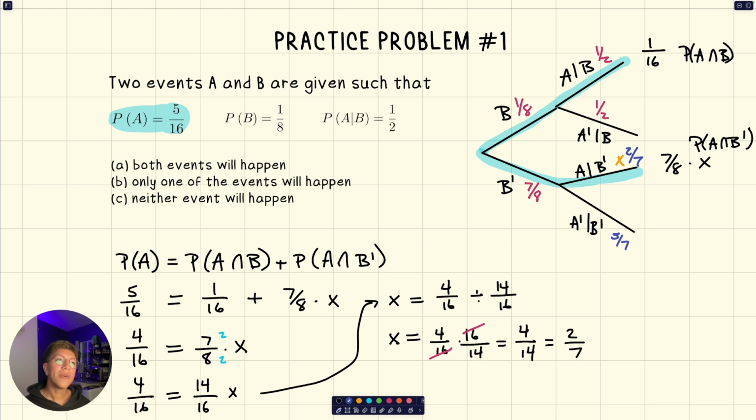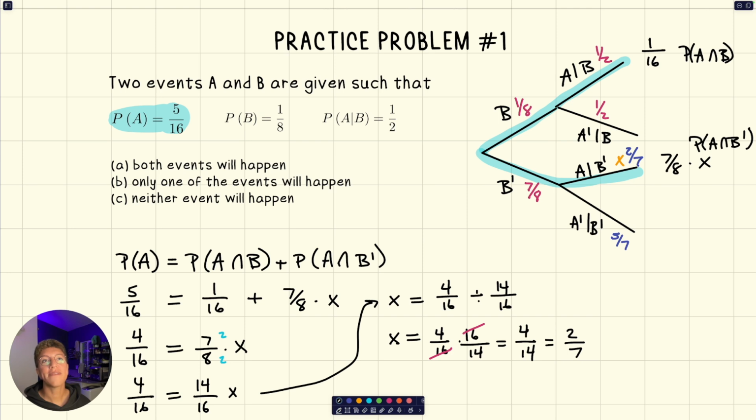And so going all the way back to the beginning of this discussion on tree diagrams, we can now find the probabilities for each of these branches and see if we did all of our math correctly. So we get 1/8 times 1/2 is 1/16.